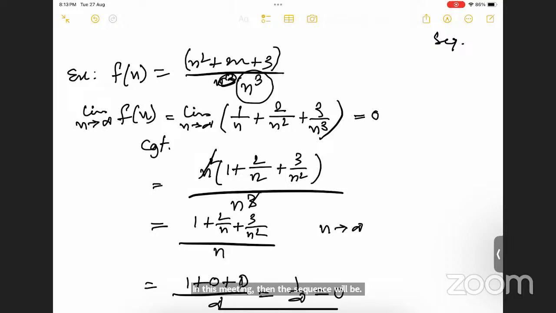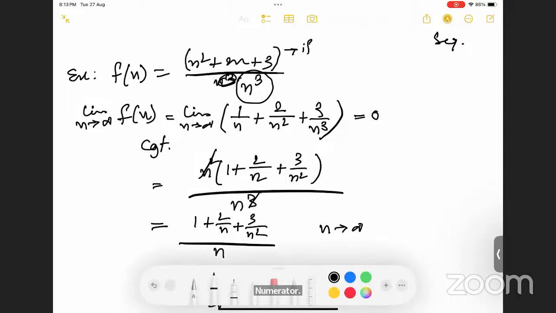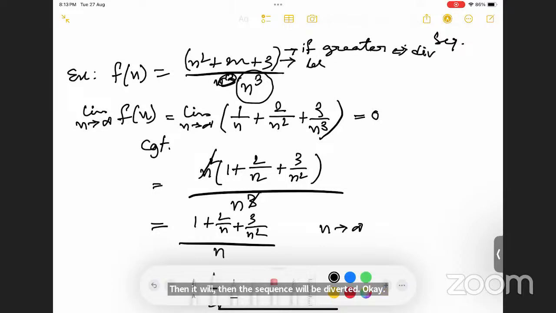If it is greater, then the sequence will be divergent, because we will have n in the numerator, and it will tend to infinity. If this is lesser, then the sequence will be convergent.